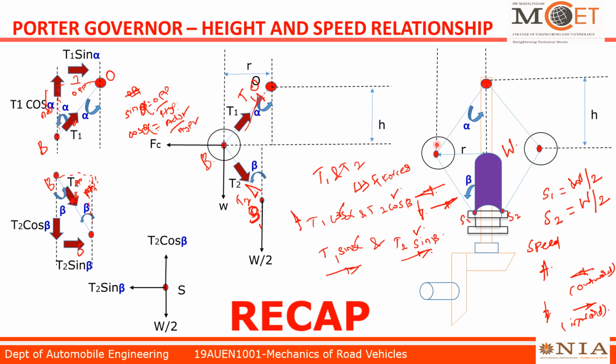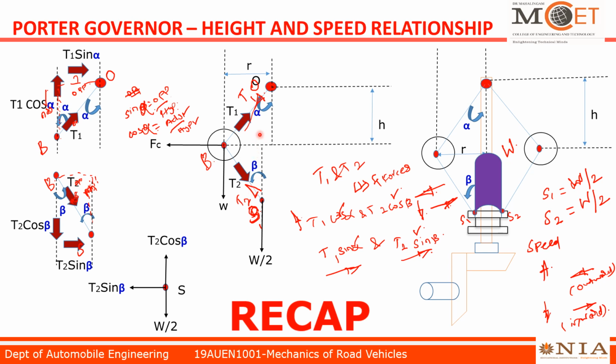On the fly ball, a number of forces may act. We just made a free body diagram of fly ball here. There was centrifugal force, self weight of ball in downward direction, T1 force because of upper arm and T2 tension because of lower arm.